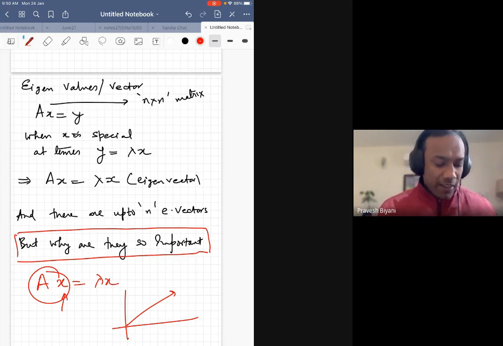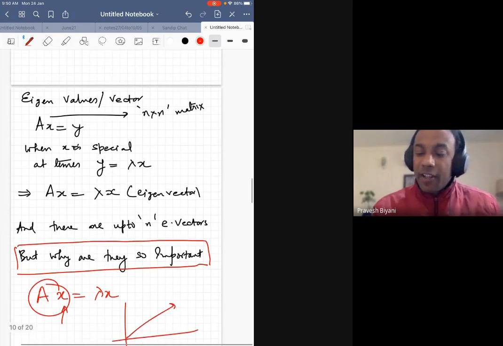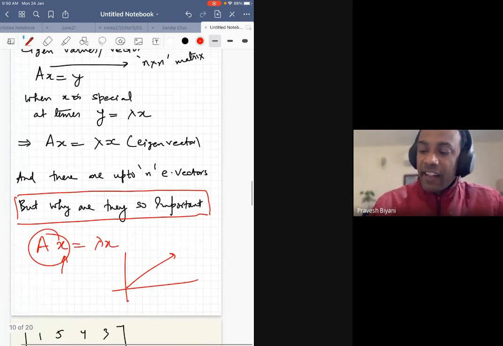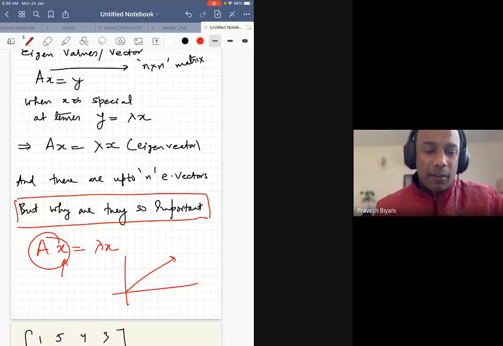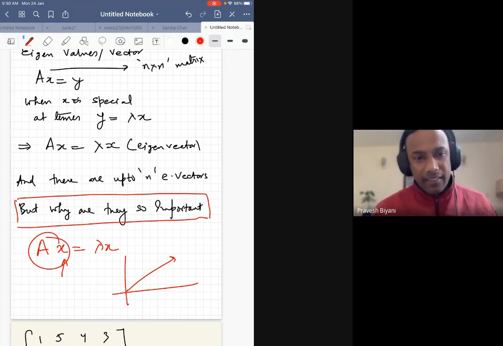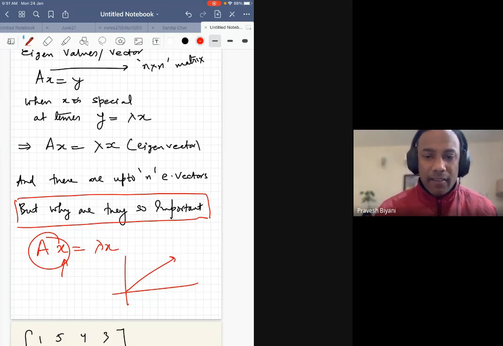So when I apply an operator A on x, I do not get a vector y in a different direction. I actually get the same vector, but a scaled vector. Okay, a vector in the same direction, but in the scaled form. And if that is the case, then x is called the eigenvector of the matrix A. So when I apply an operator A on x, I get lambda x. Then x is the eigenvector of the operator A.